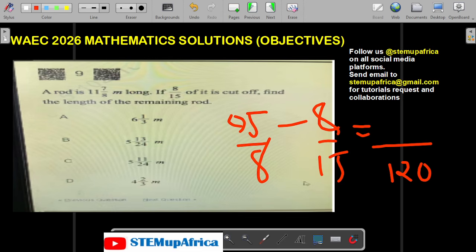To convert it to a whole number, we are going to have the answer. The answer should be B.